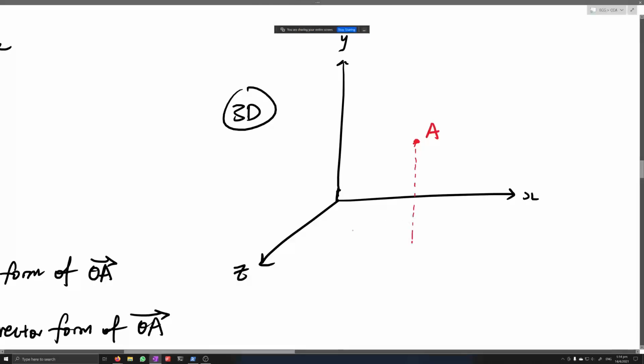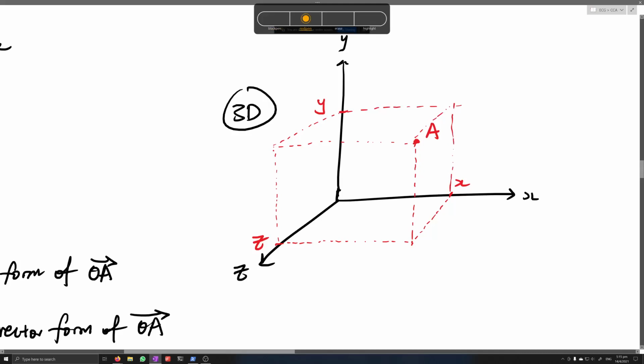A will drop down to a certain z coordinate, a certain x coordinate, and a certain y coordinate. So I'm going to draw a box like so, close the box, then we have our O here, and we just connect here. So we have our vector here.